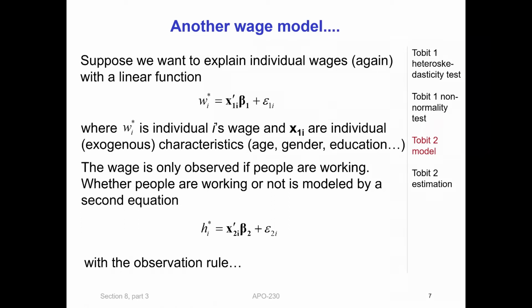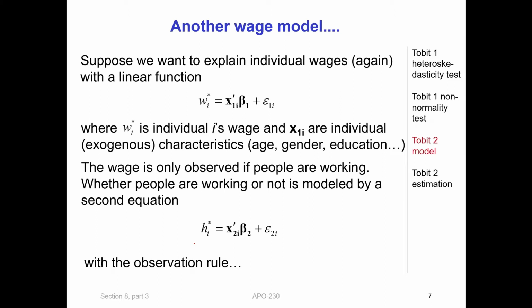Despite the fact that we talk a lot about wages in different contexts this semester, let's again have another wage model, because this is the most illustrative and also the most classical example for the Tobit-2 model.